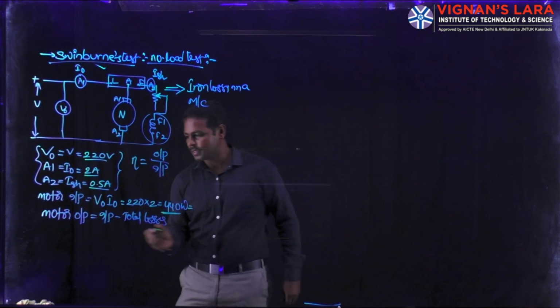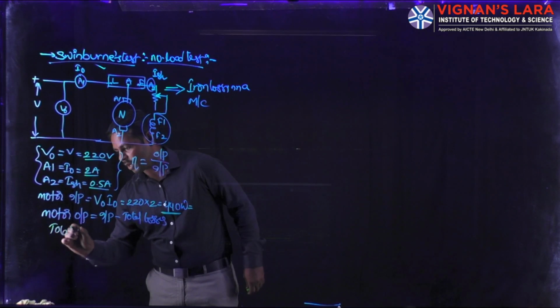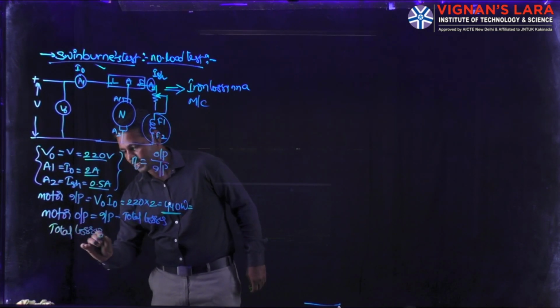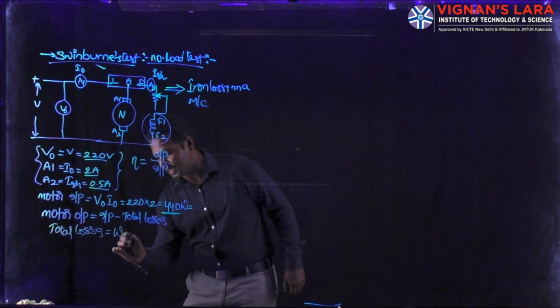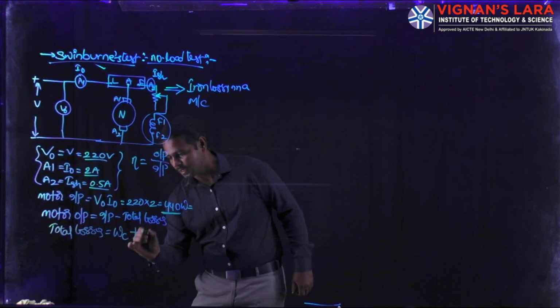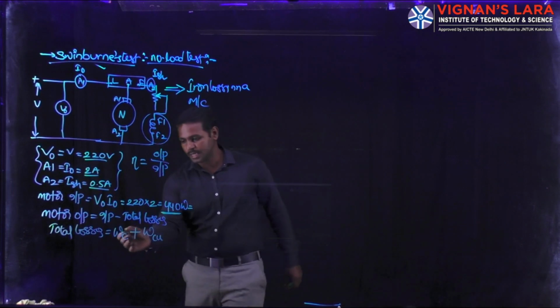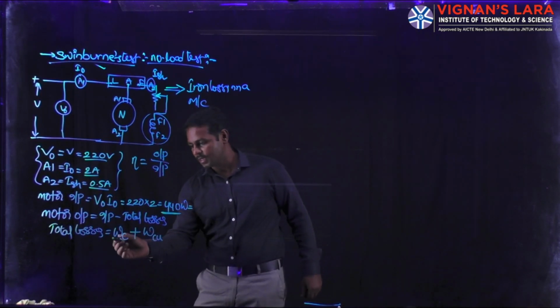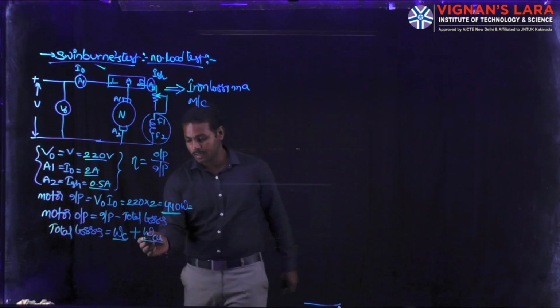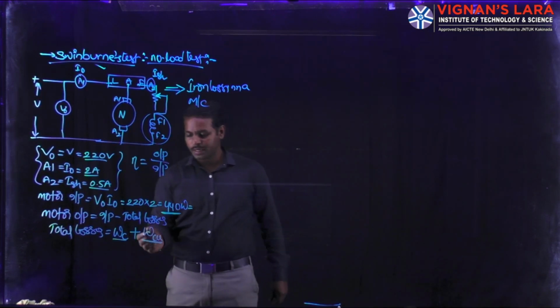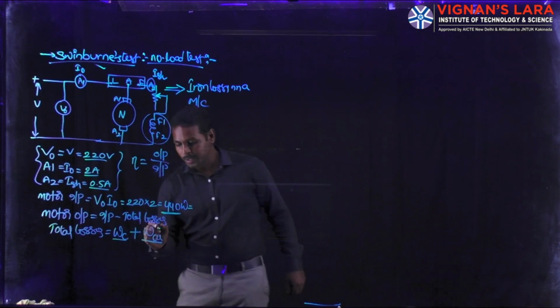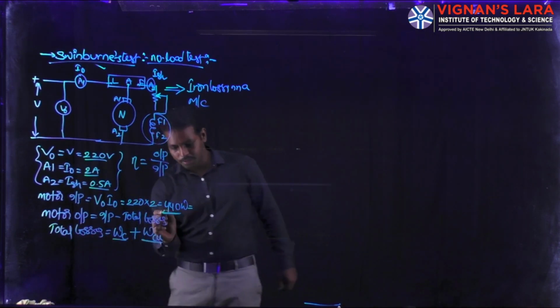Total losses is the summation of constant losses WC plus variable losses, copper losses WCU. Constant losses are denoted by WC and variable losses by WCU.